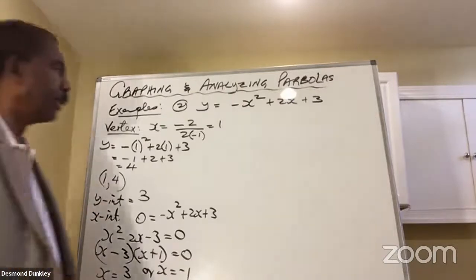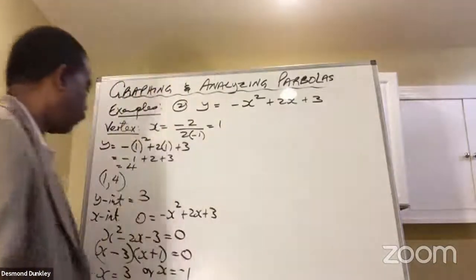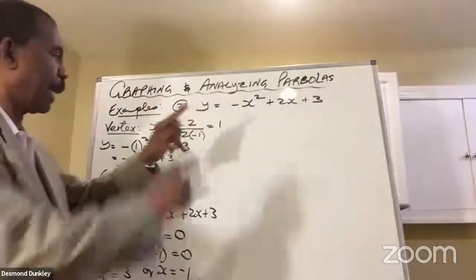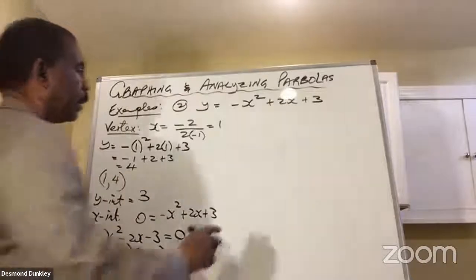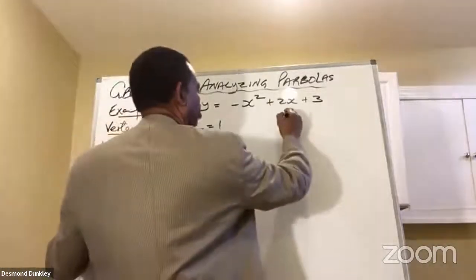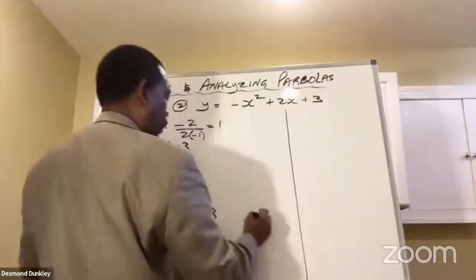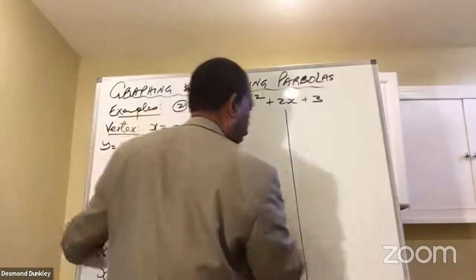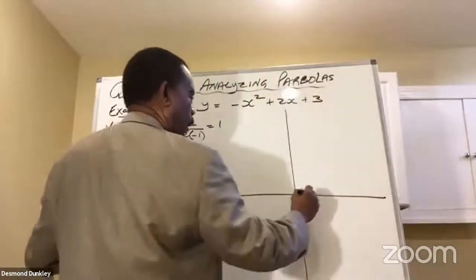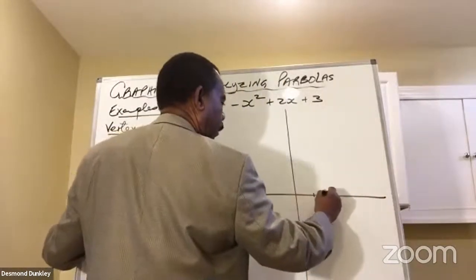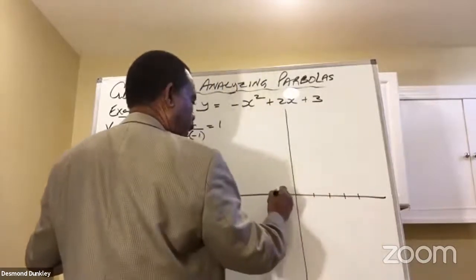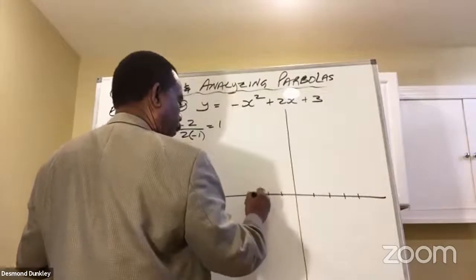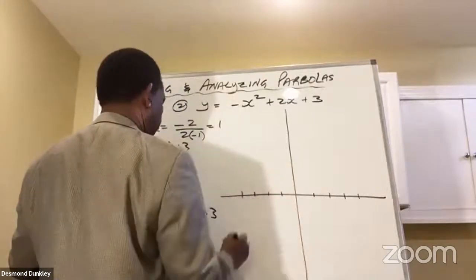Okay? So let's see what we have here. So our vertex is 1, 4, and it opens, because it's negative, it opens down. So let's go. So 1, 2, 3, 4. 1, 2, 3, 4.